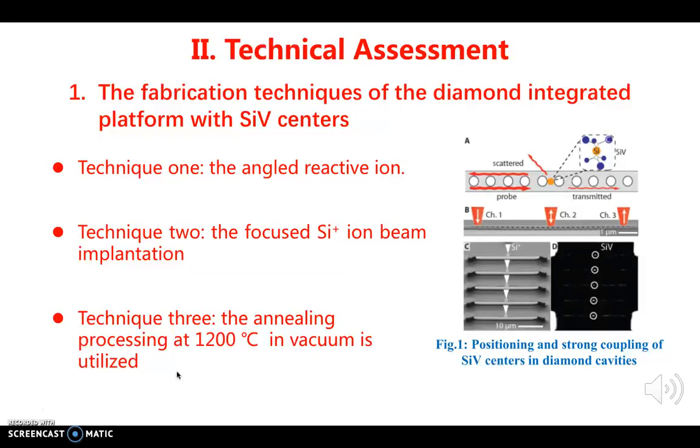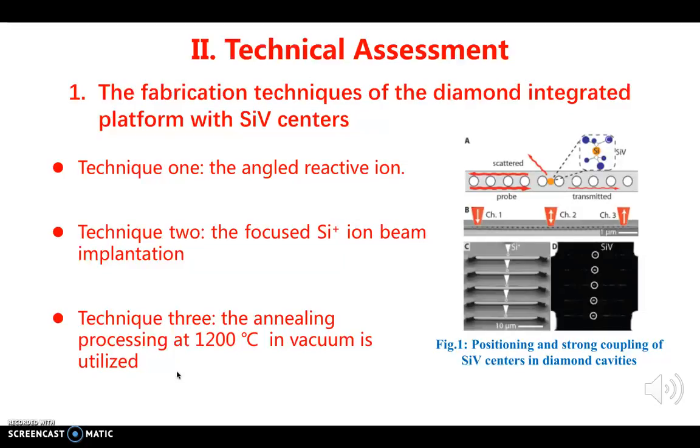The first question is, how did they fabricate a diamond integrated platform with silicon vacancy centers? Here are the keys. Technique 1: angled reactive ion etching is applied to fabricate a one-dimensional waveguide and photonic crystal cavities. Technique 2: focused silicon ion beam implantation is applied to deterministically position an ion at the center of each cavity for optimal coupling between an individual silicon vacancy center and the cavity mode.